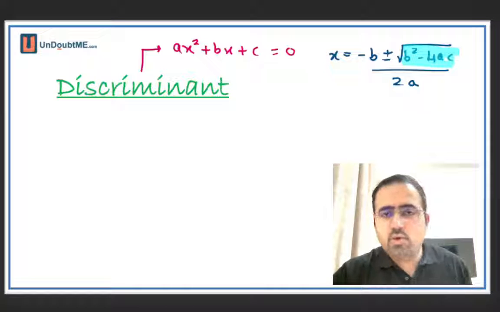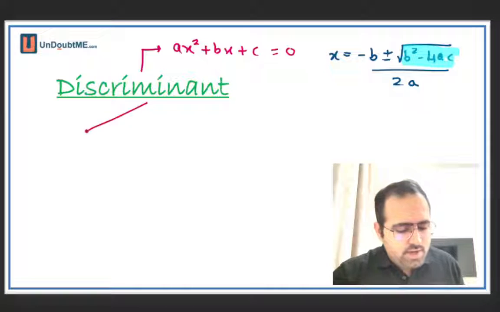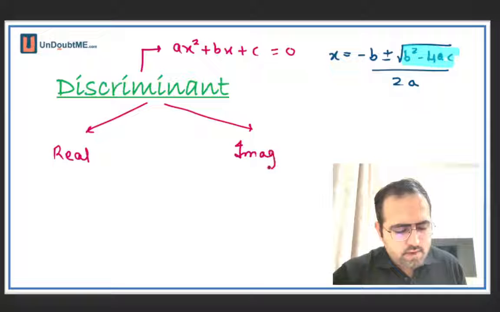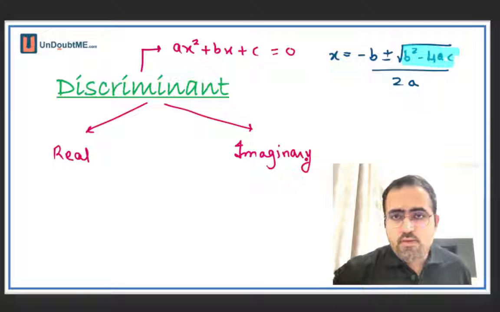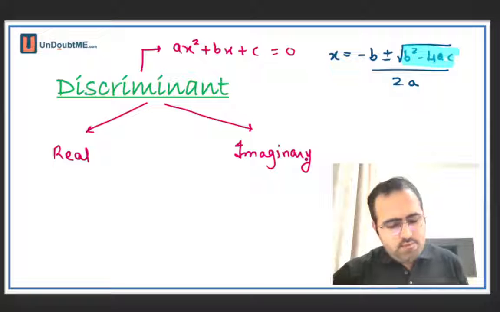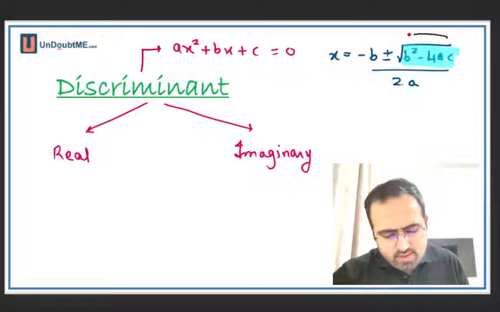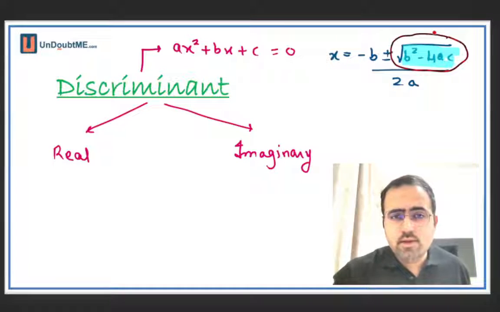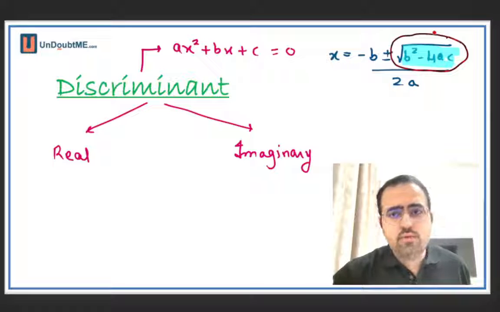So what is the main role of the discriminant? It will actually discriminate between the types of roots, whether the roots are real or imaginary. Now when we say real, on what basis are we saying that the roots are real? It is quite simple to understand that if the term written inside the square root is positive or equal to 0, then the square root will be well defined.